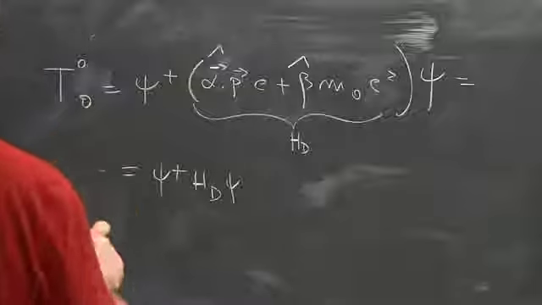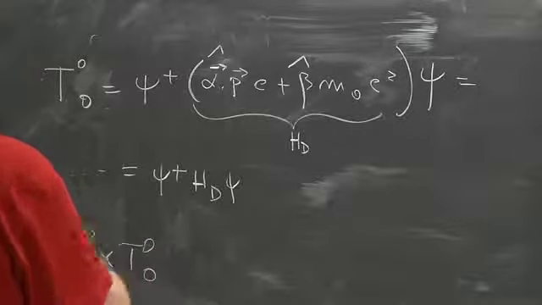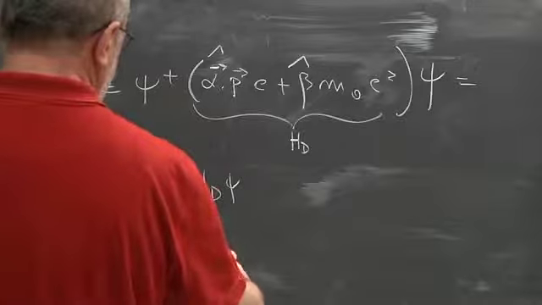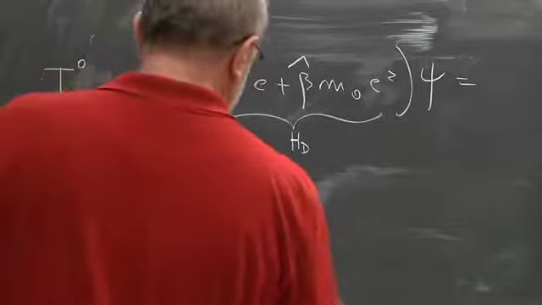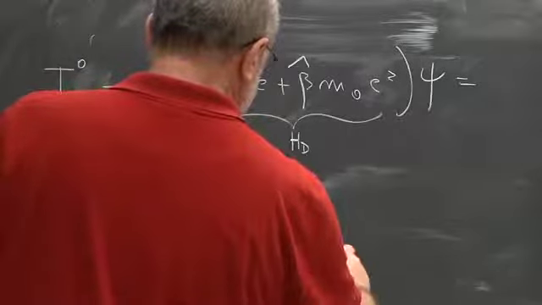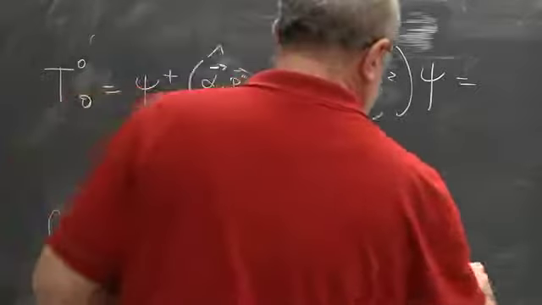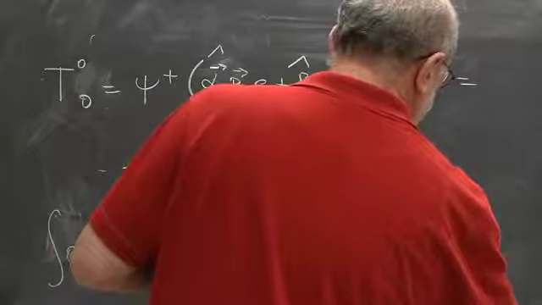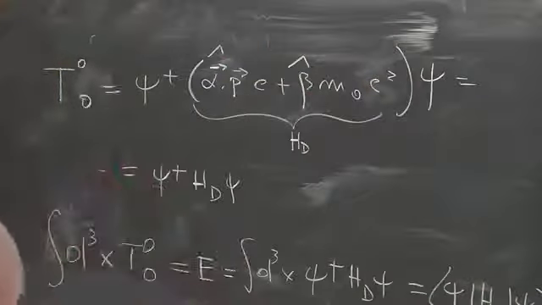So if now you do the integration over d3x of this energy density, you should get the energy, right? In this case, it means the integral of d3x psi dagger H_D psi, and this is nothing else than psi H_D psi, so it is really the expectation value of the Hamiltonian.